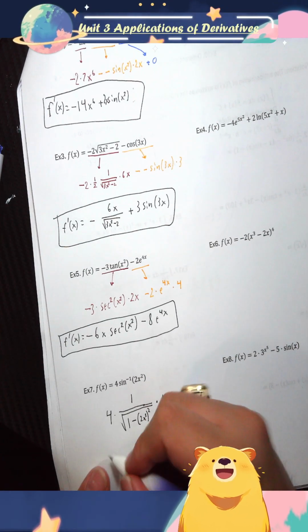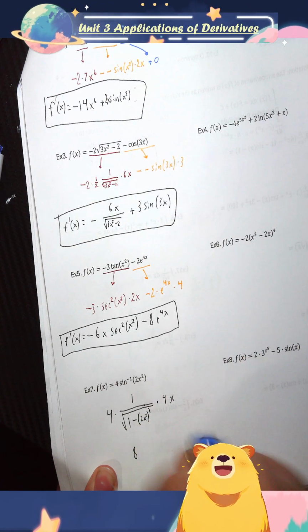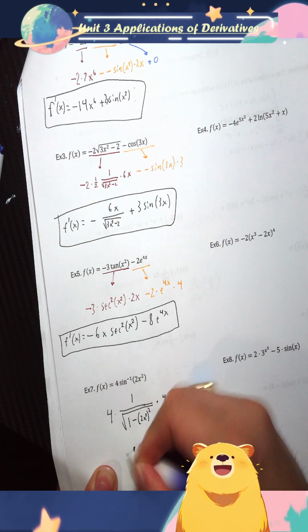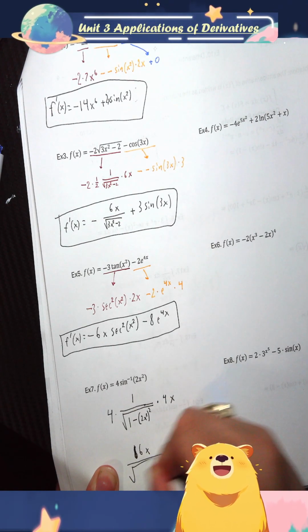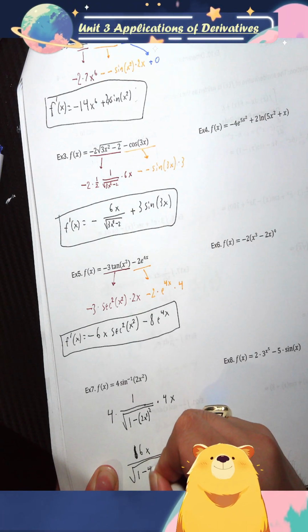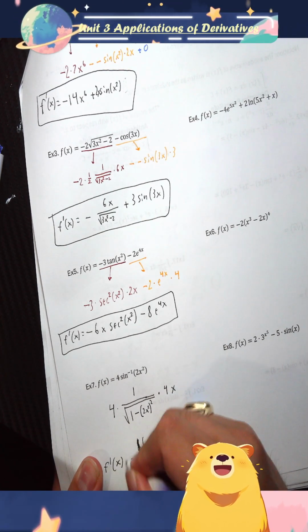Okay, well, there's a couple things we can simplify. Let's combine these. 4 times 4 is 16. We'll do the x, and then we'll simplify that power inside the square root. So 1 minus 4x to the 4. F prime of x.